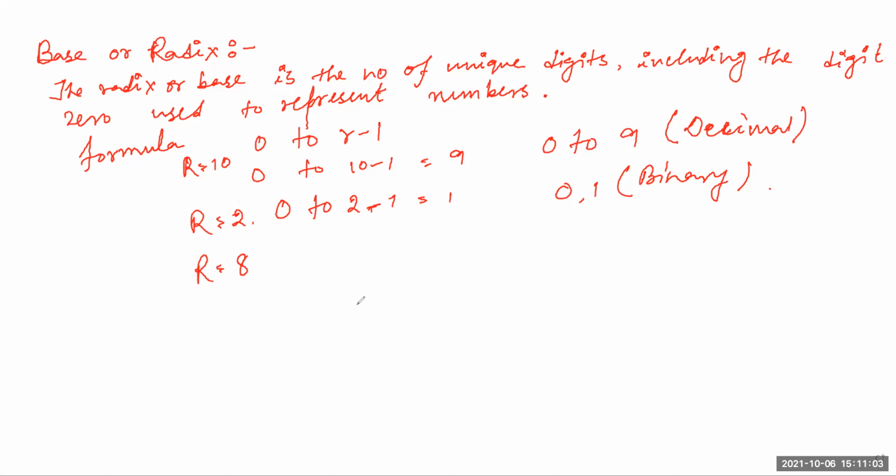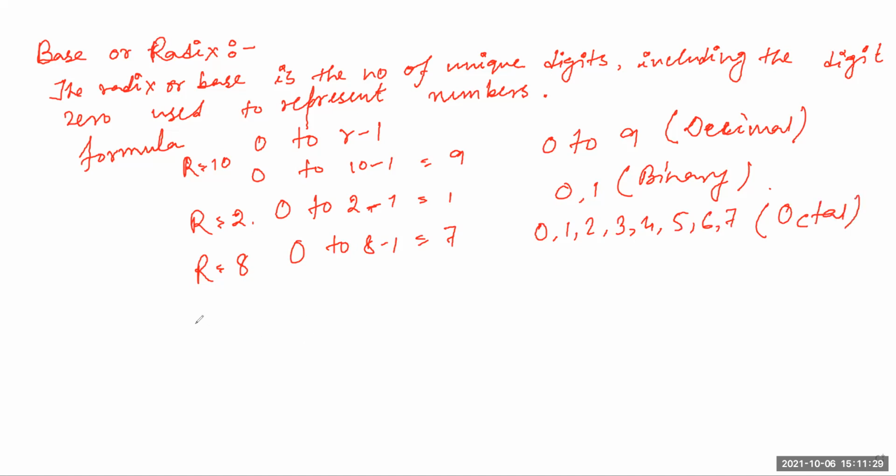Sir, 0 to 7. Very good. So here 0 to 8 minus 1, 7. For octal it is 0, 1, 2, 3, 4, 5, 6, and 7. This is for octal.